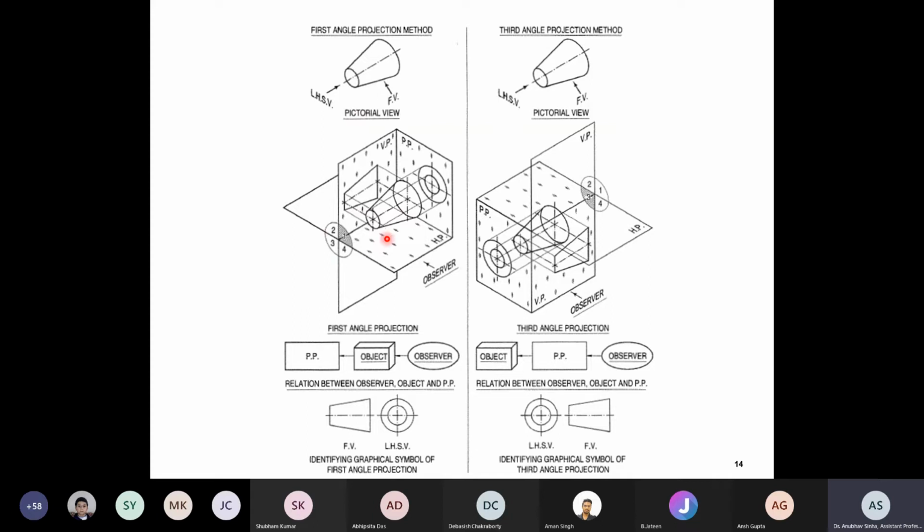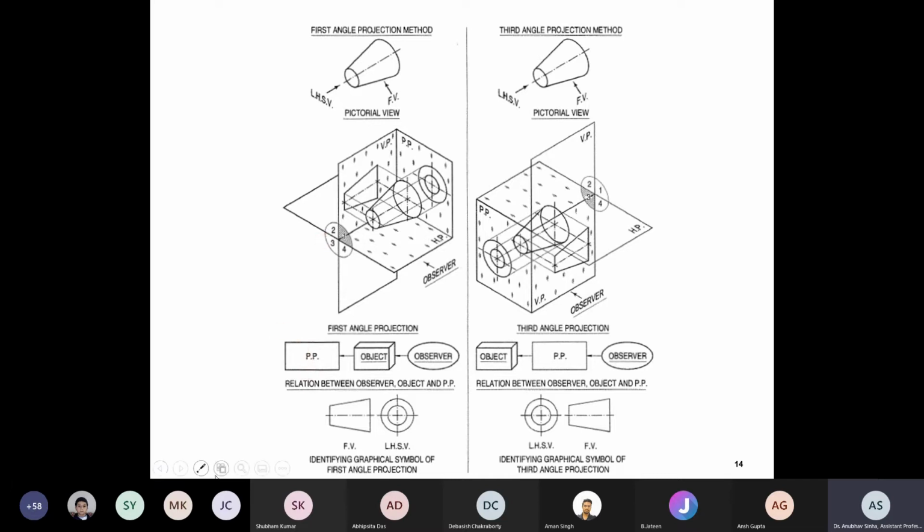Now let us focus a bit on first angle projection. What do we do here? This is the object, and the observer is looking at the object, but the projection is made on a plane behind it.